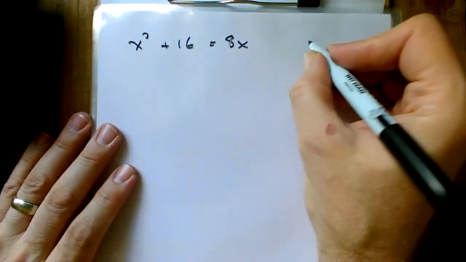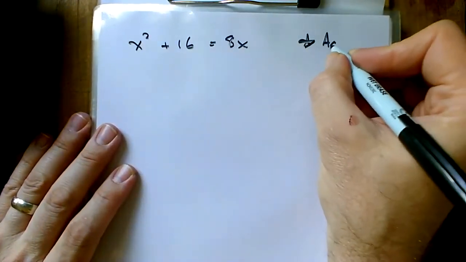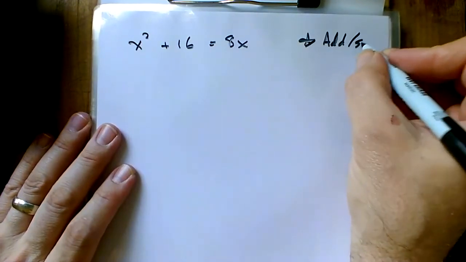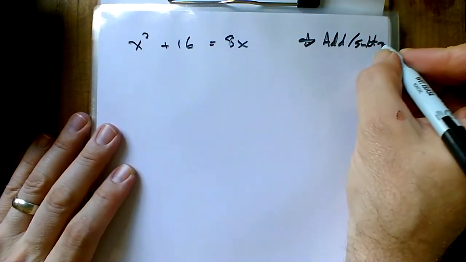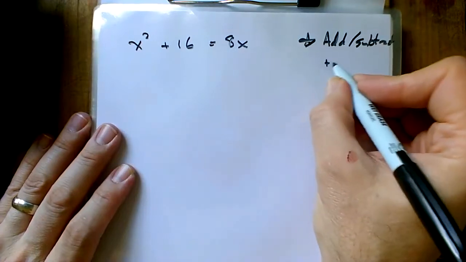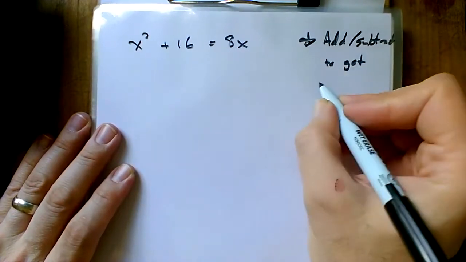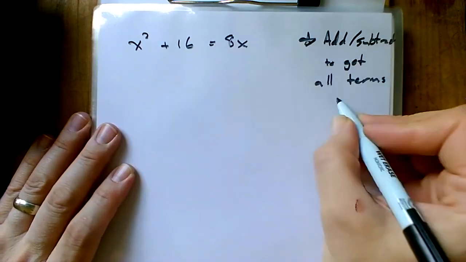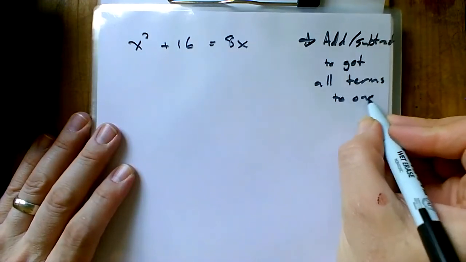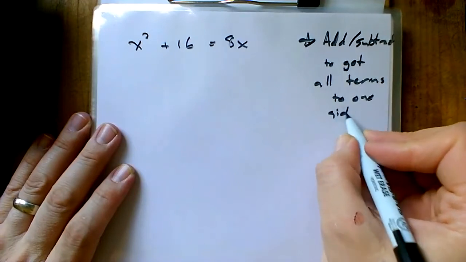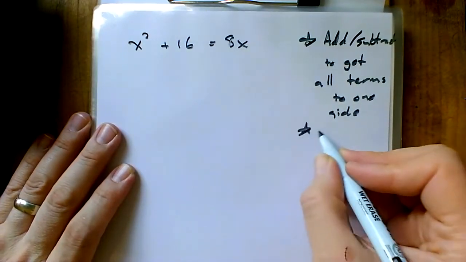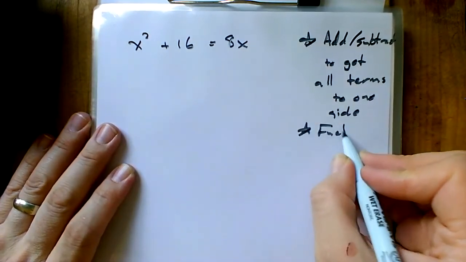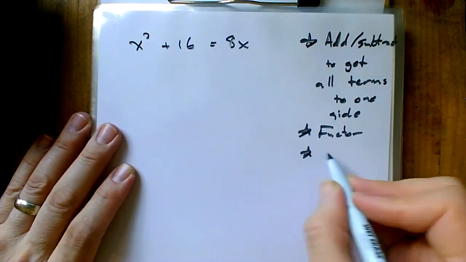Here you're going to need to add or subtract first to get all terms to one side. Then we're going to fully factor and use our zero factor property.